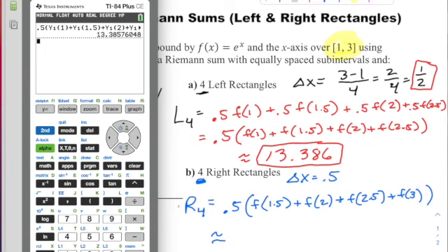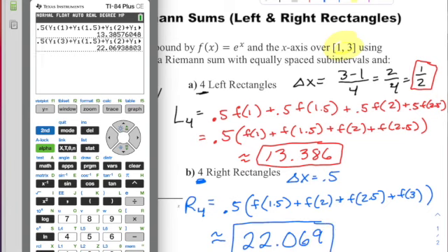I could just take a little shortcut here, bring that whole expression back by hitting second enter, or you can scroll back and hit enter, bring that whole expression back, and just change that y1 of 1 to 3, and save yourself a lot of time. And you see you get an approximation of 22.069. Whether you round or truncate, everybody should have that exact value.